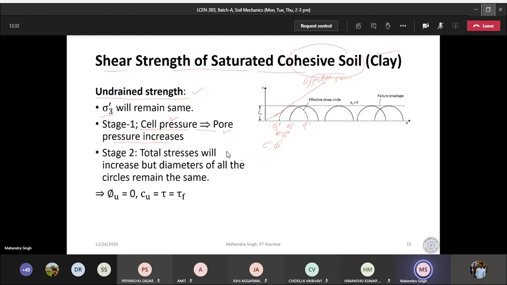And when you shear it, it is going to have the same, because the effective stress circle diameter is this much. So under undrained condition, this second one, sorry, just a minute. So this is sigma 3.